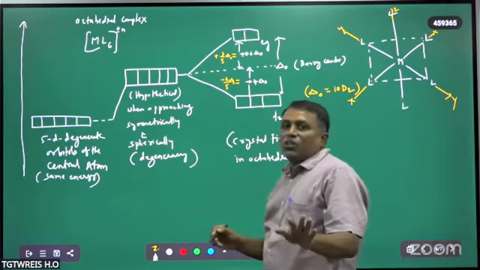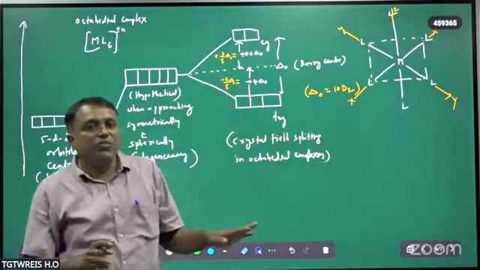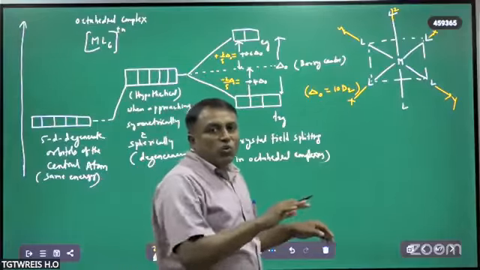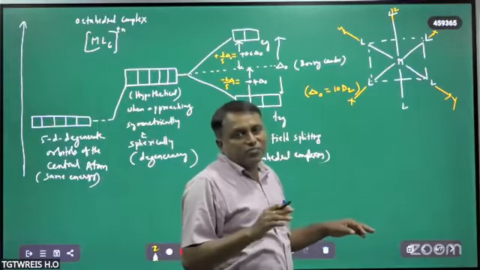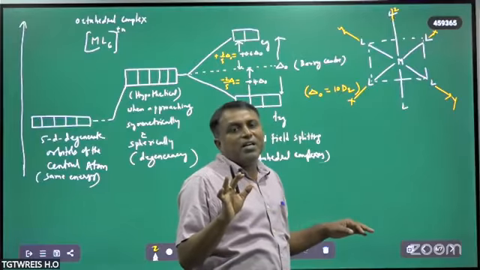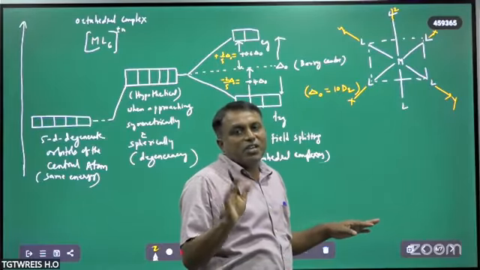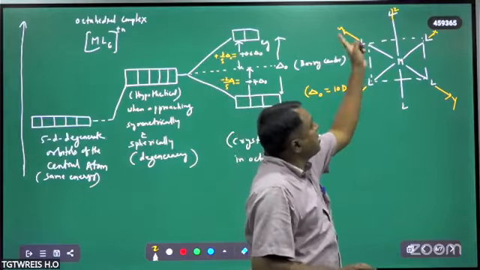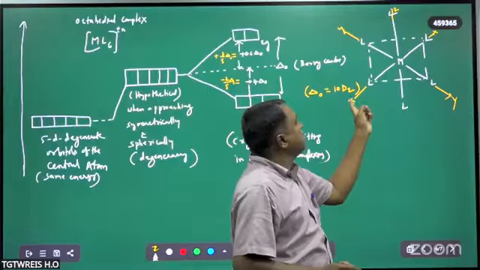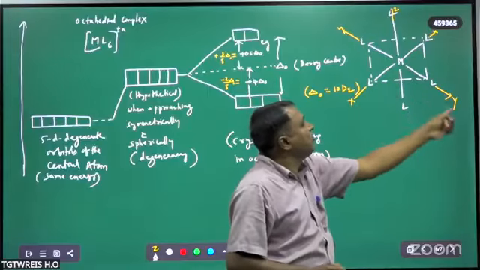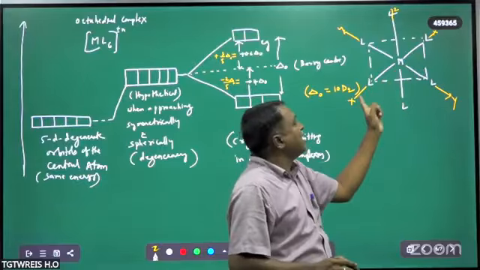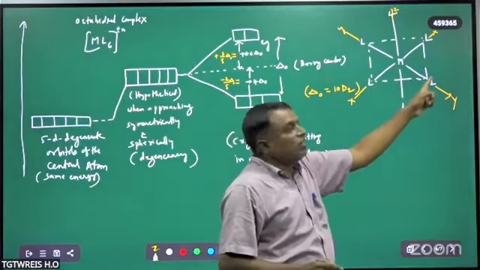So we have two different types of ligands and two different types of d orbitals. The d orbitals oriented along the axes belong to the eg set.